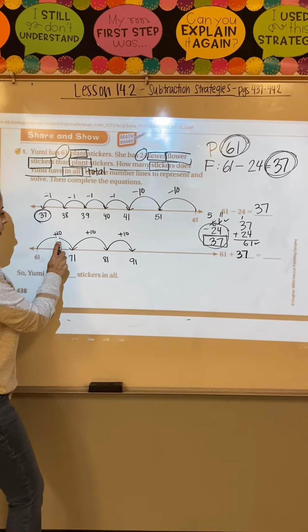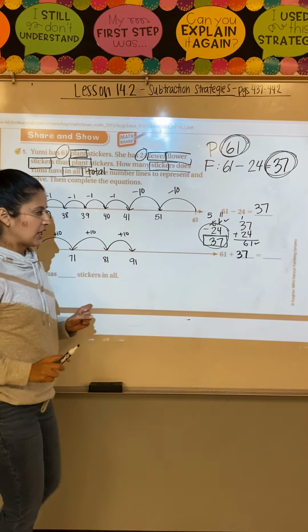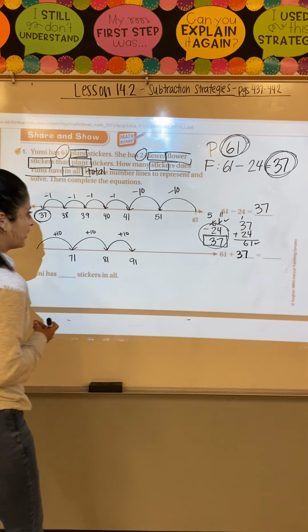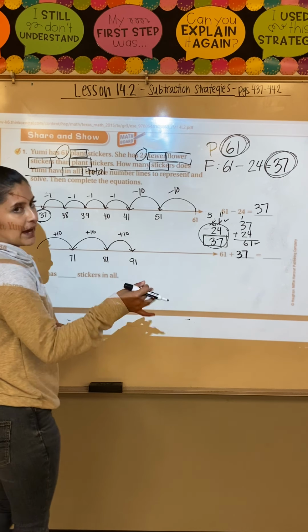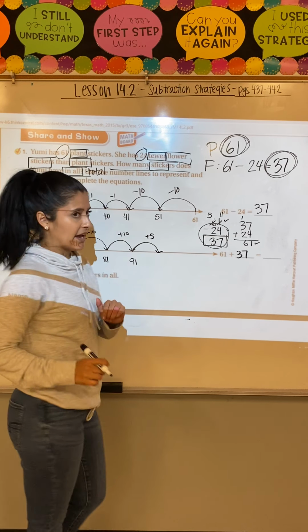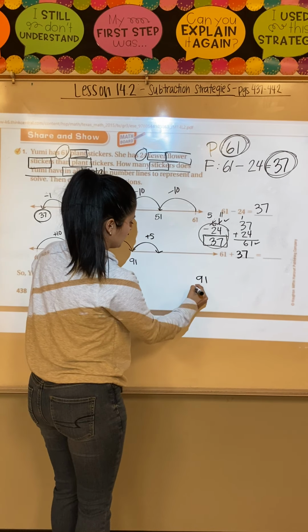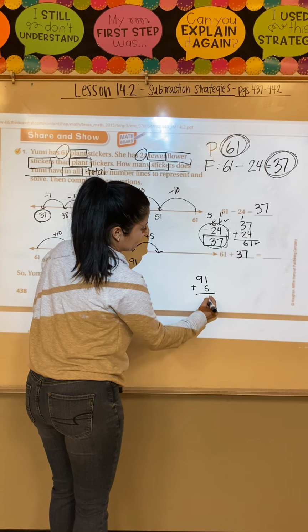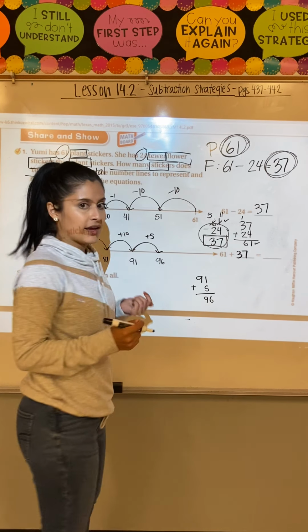Okay, now so far we've increased by 30, and we need 37. If you add another 10, that would get you to 40. That's too much, right? Then you would have to go back, which you can do. It would still work. We can add 5s, we can add 1s, whatever you're more comfortable with. I'm going to go ahead and add 5 more. 91 plus 5 is 96.